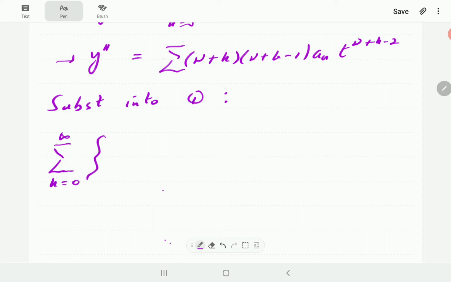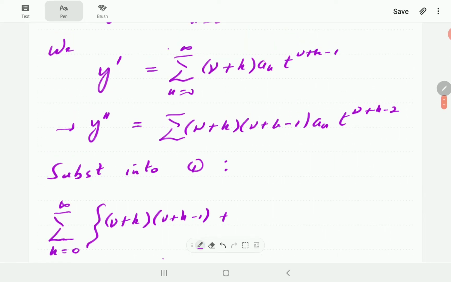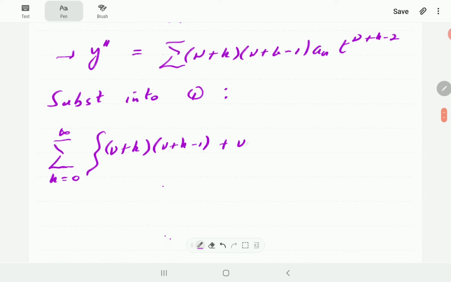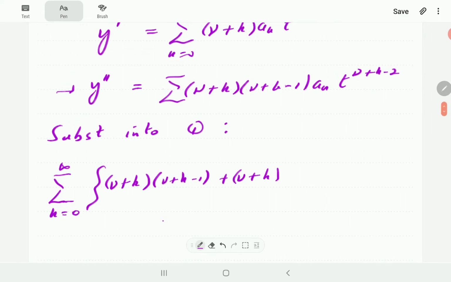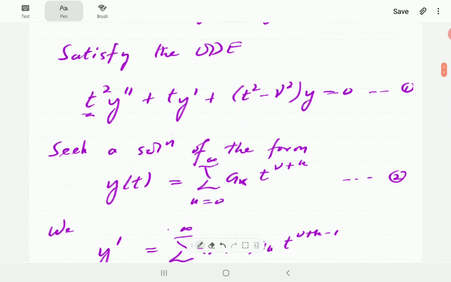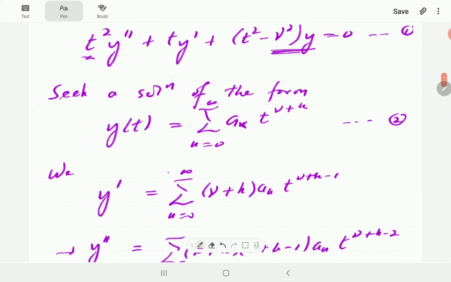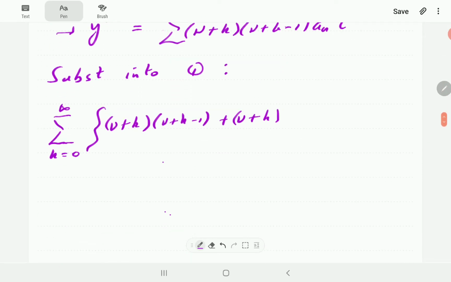So the first term is just going to be this coefficient times a_k. So we're going to have (nu plus k)(nu plus k minus 1). Then for the second term, if you multiply this by t, then you're just going to have (nu plus k) a_k. And for this last term here, that one is going to give us minus nu squared.